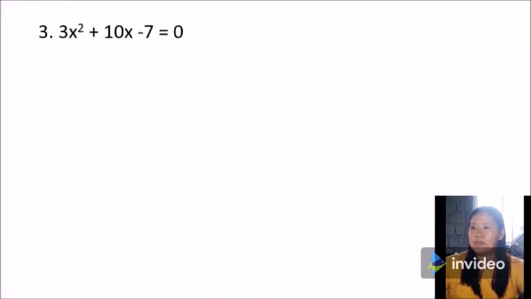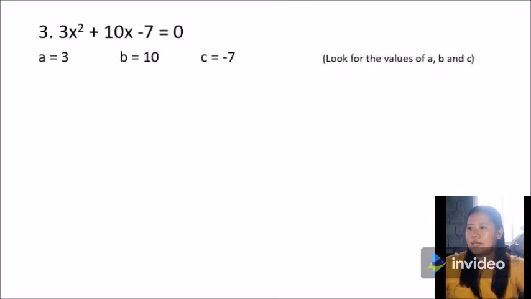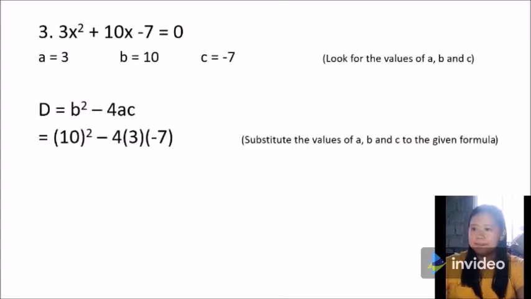Next, we have 3x raised to 2 plus 10x minus 7 equals 0. Look for the values of a, b, and c. Our a here is 3, our b is 10, and the c is negative 7. This is our formula for discriminant, b squared minus 4ac. And then substitute the values of a, b, and c to the given formula.